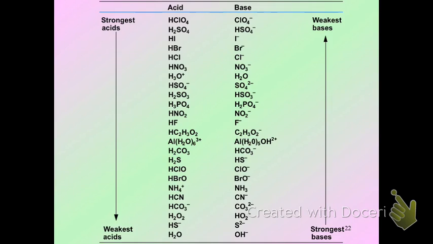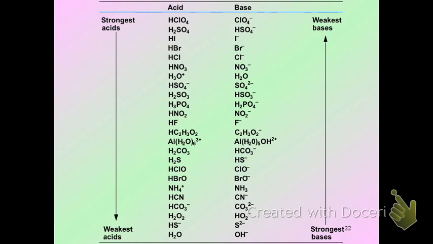The other thing I wanted to point out is general truisms, which are generally true. So HClO4, which is the strongest acid on this list, makes the weakest conjugate base. Stronger acids make weaker conjugate bases.